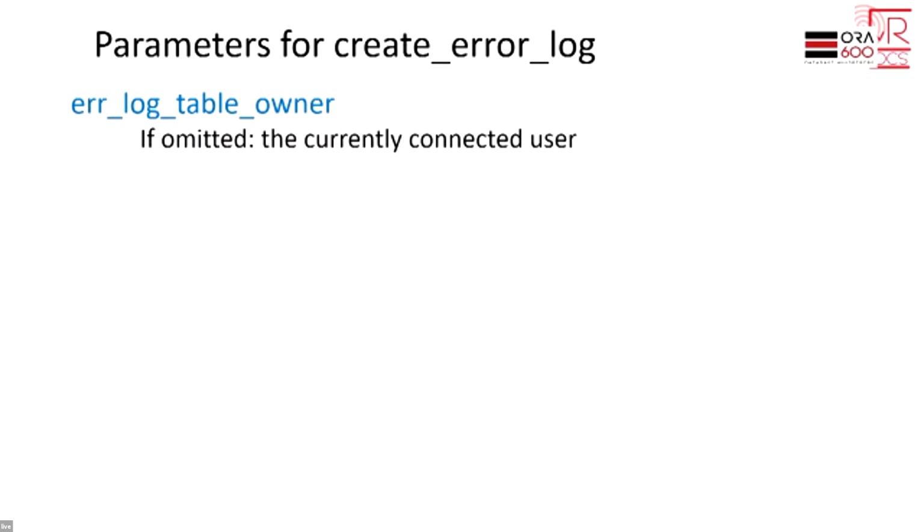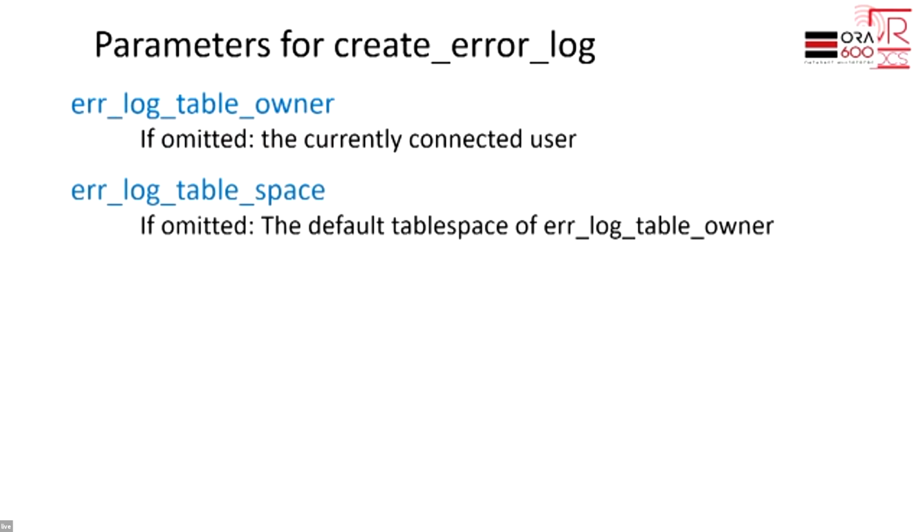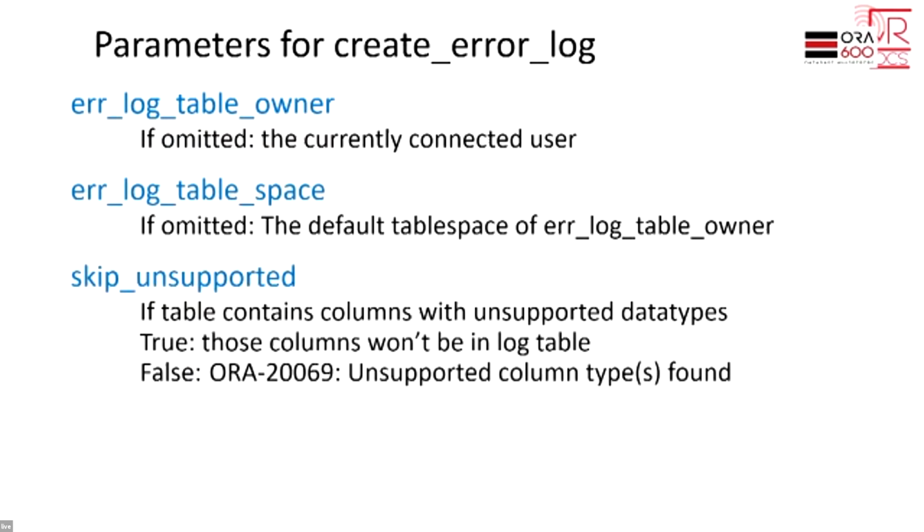Table owner, very simple, the owner that you want for the table. If you don't supply it, it's the currently connected user. Table space, likewise. And skip unsupported. If the table contains columns of data types that are not supported, then by default you will run into an error.